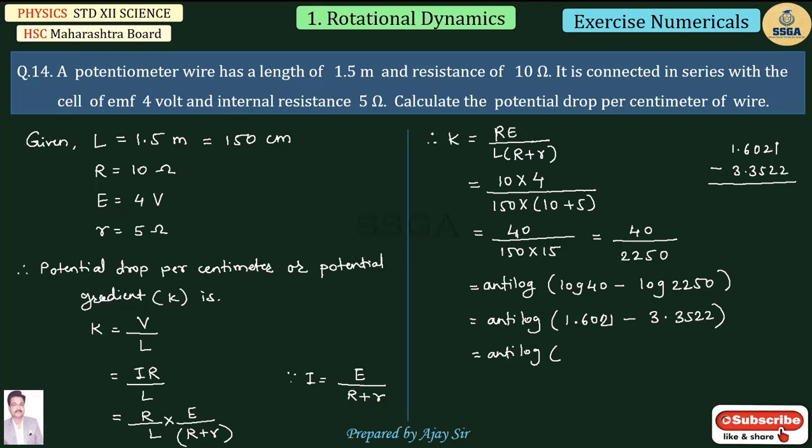Borrowing where needed, 11 minus 2 is 9, then 10 minus 9 is 1, and so on, 5 minus 3 is 2, and 1 minus 3 is minus 2, so this is 2 bar.